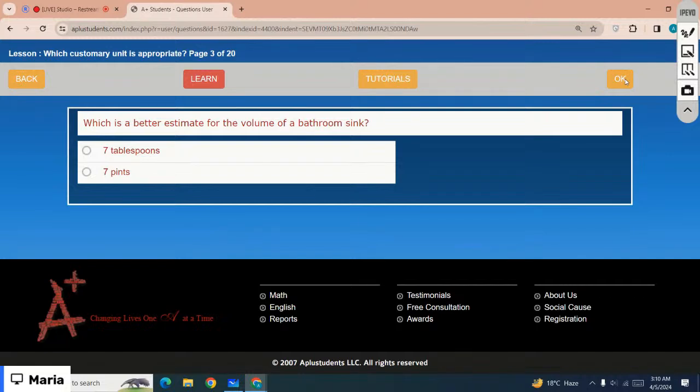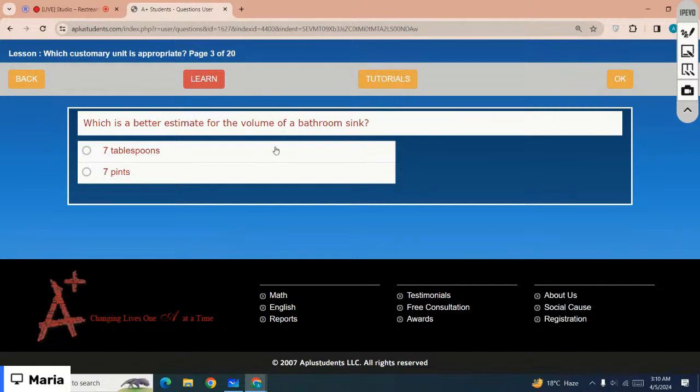Which is the better estimate for the volume of a bathroom sink? That would be 7 tablespoons, right?